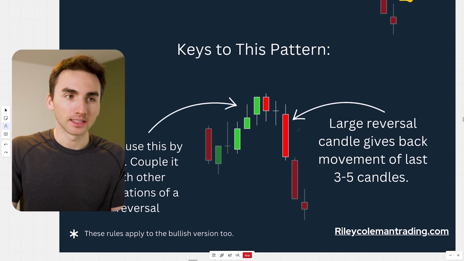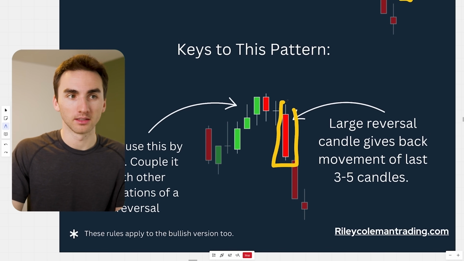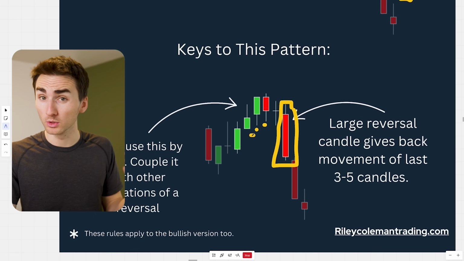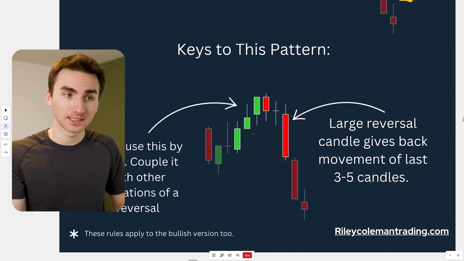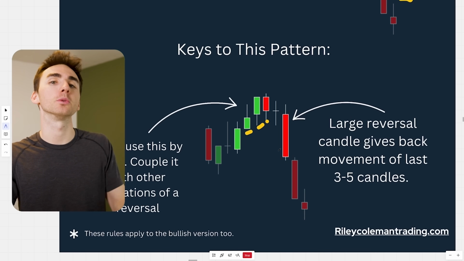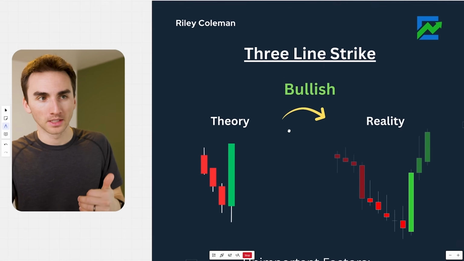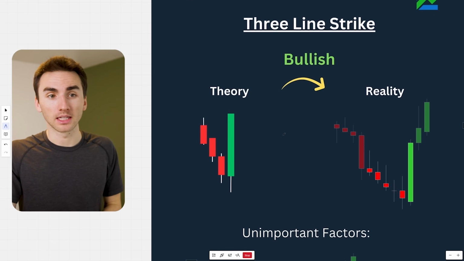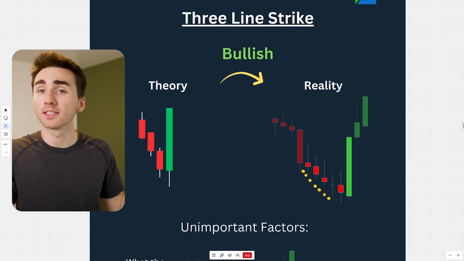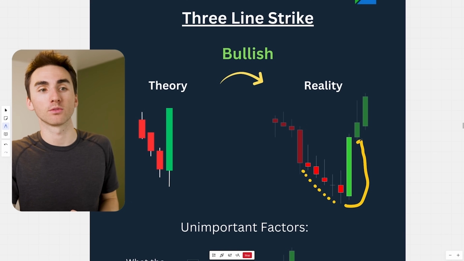Another key is you want this candlestick to be big. It helps that it gives back a couple of the previous moves of the candles, or that the size is much bigger than the last few candles, because again, it shows you that switch in momentum. On the bullish side, same thing. Sometimes it can be a bunch of candles that take a while, and then boom, you have a massive reversal.